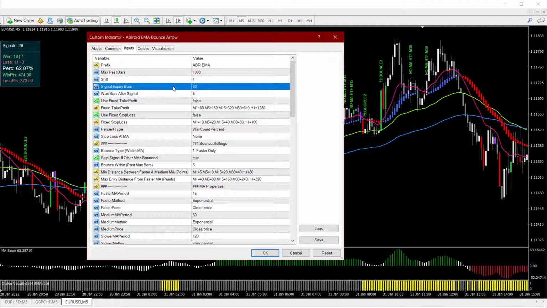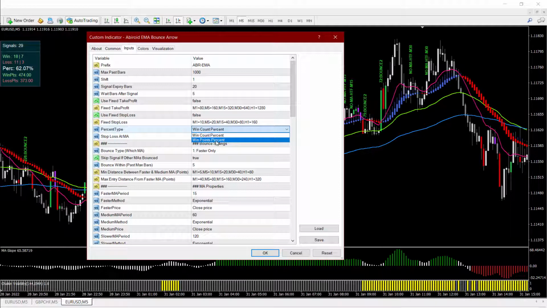So after 20 bars, if it hasn't reached a fixed take profit or a fixed stop loss, it will just consider that signal as closed and use these percentages based on this win percent count. Right here we have win count percent based on these win or loss values.